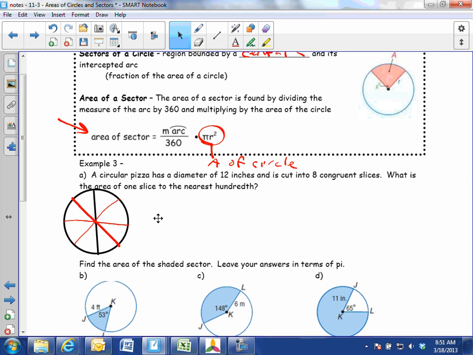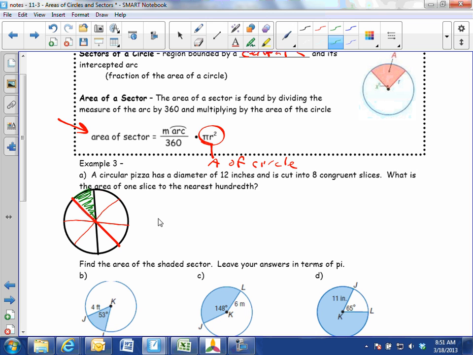If we're trying to find the area of one slice, that means we need to use the area of a sector, so we need to know the measure of the arc and the radius. What does the problem tell us already?